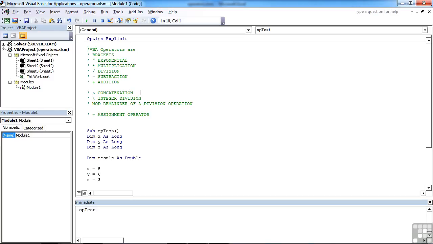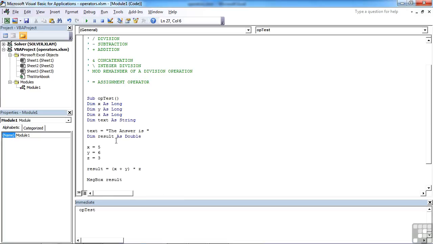We've already seen that you can concatenate numeric values together, or you can concatenate string characters in there as well. So I could add into here dim text as string, and then we could set text to be equal to the answer is. I would then need to change my result here. My result cannot be a double if I want to put this text little bit in here.